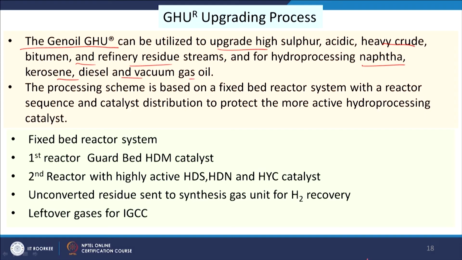This process scheme is based on fixed bed reactors, and the reactors are in sequence, so different types of reactions take place in sequence. So, this is a fixed bed reactor system.